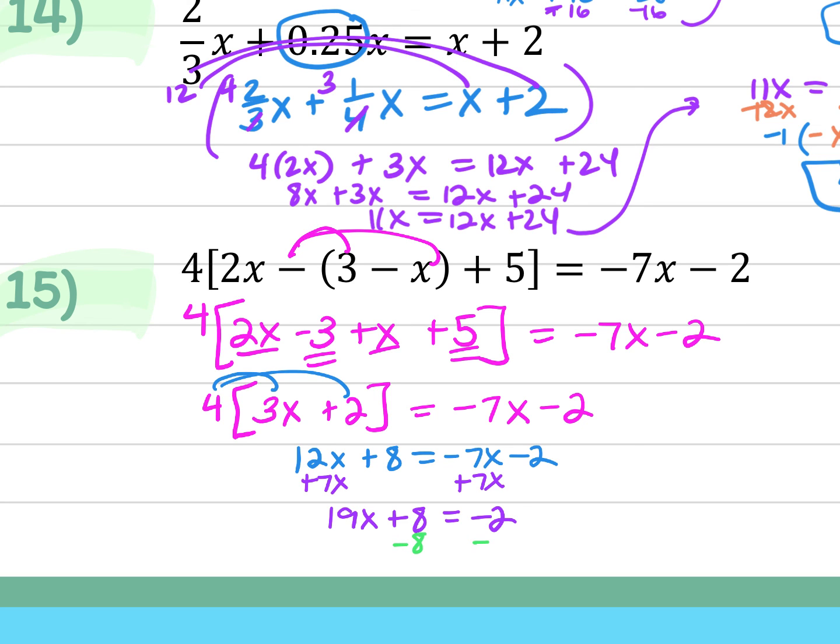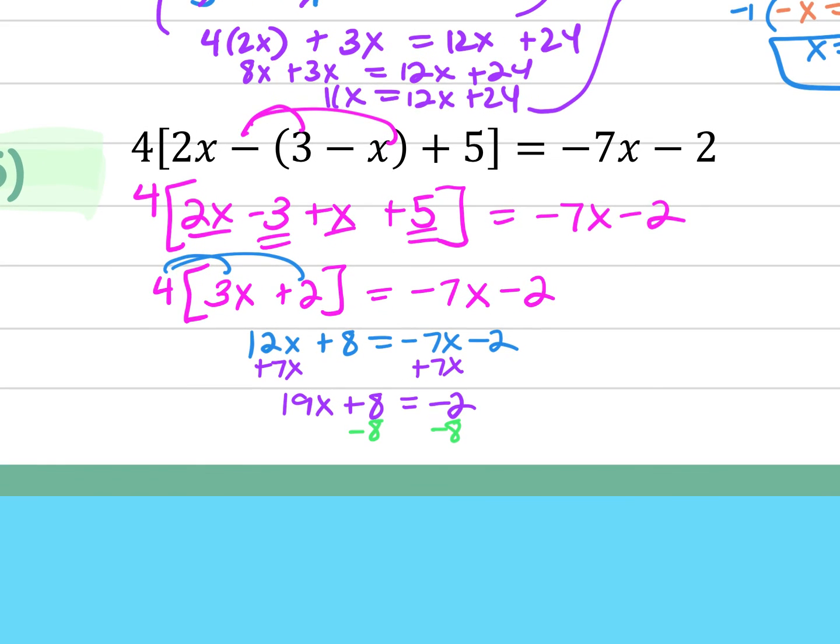Subtract the 8. And divide by 19. They're not all going to be pretty whole numbers. Don't freak out.